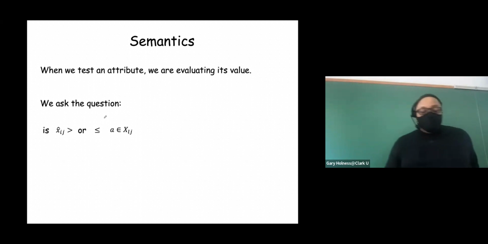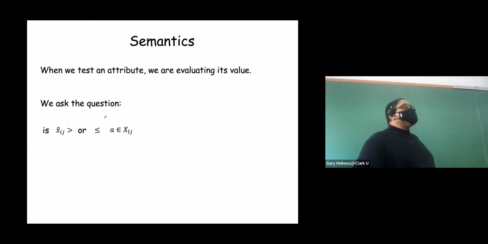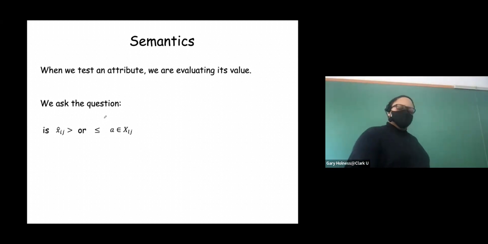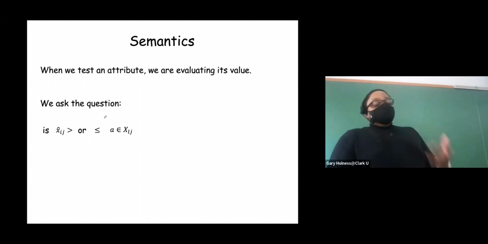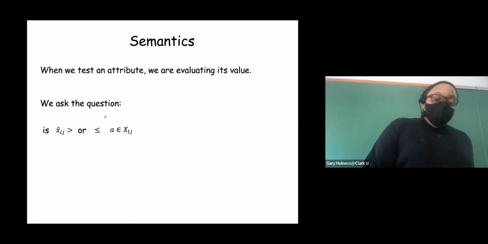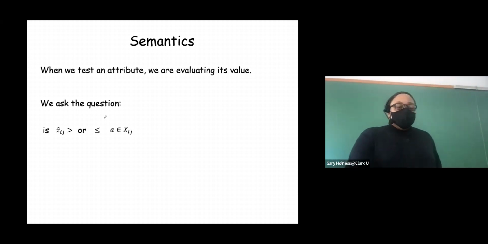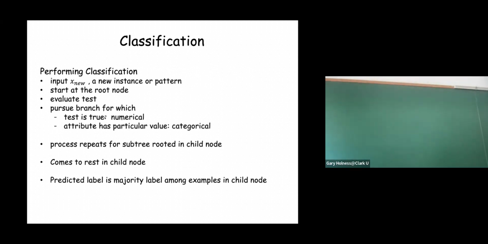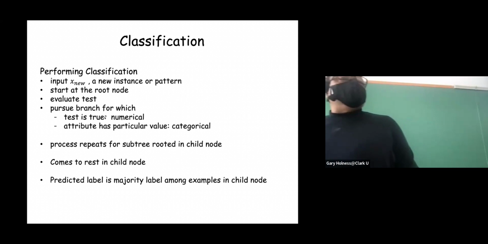And so what we're going to do then is find the set of questions. Is it greater than or less than or equal to a particular value for a certain attribute? And the answer to the question based on that particular attribute is going to cause you to partition your data. So some data points are going to pass that question, and some are going to fail that question.